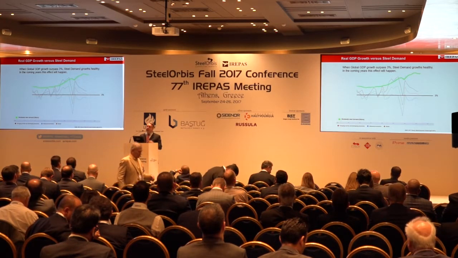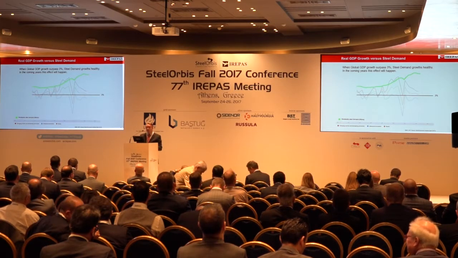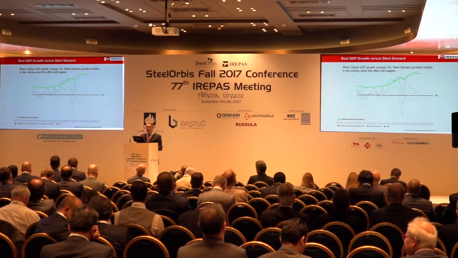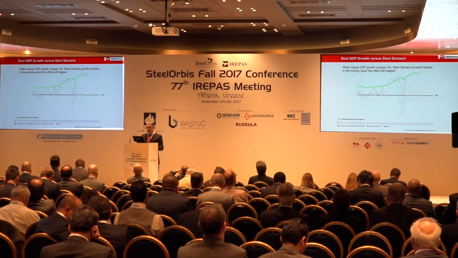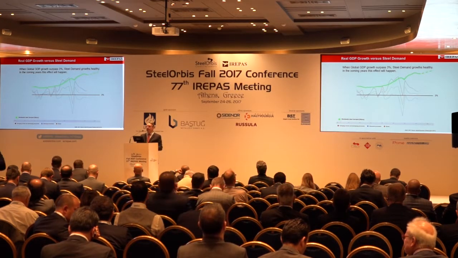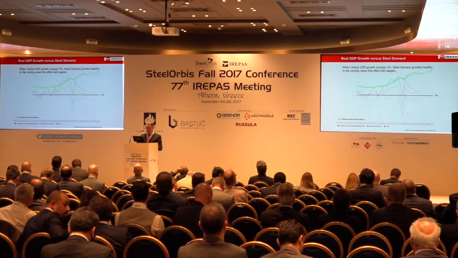But on the contrary, between 2002 and 2007, and also in the period 2010-2014, we can observe a higher increase of the steel demand. So, if the International Monetary Fund is correct in its forecast for the next years, we can expect a firm recovery of the steel demand in the coming years.